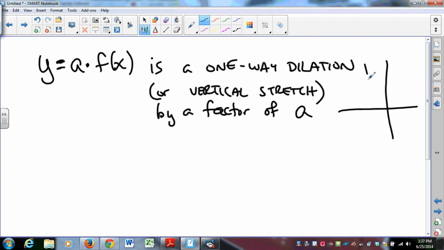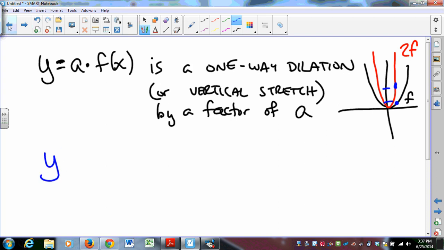That is to say, if we have some graph and then we multiply that expression by 2, then for any x value, if I take that x value and I follow it up to the red graph, this y value is twice as big as that one. That's the way it goes. The 2f graph, all the y values are twice as big as their corresponding values on the f graph.